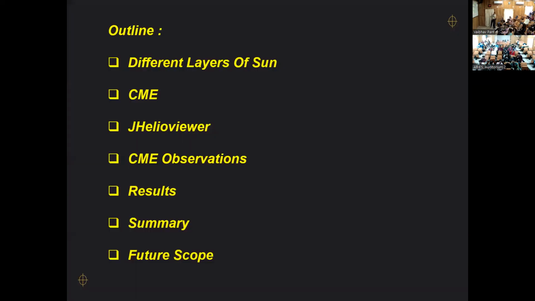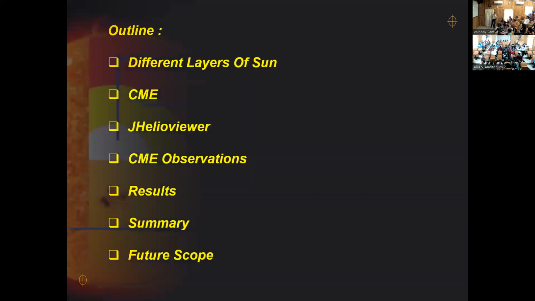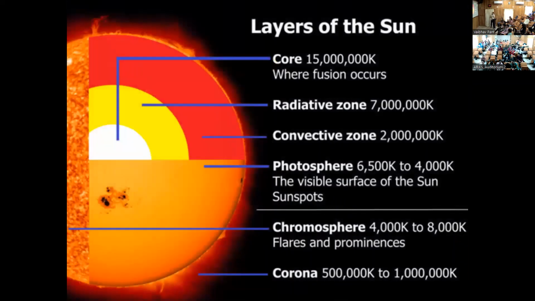These are our outlines, which contain different layers of the sun, coronal mass ejections, JHelioviewer, CME observation results, summary and future scope. I will basically discuss why we chose the CME and the basic outline of the sun.